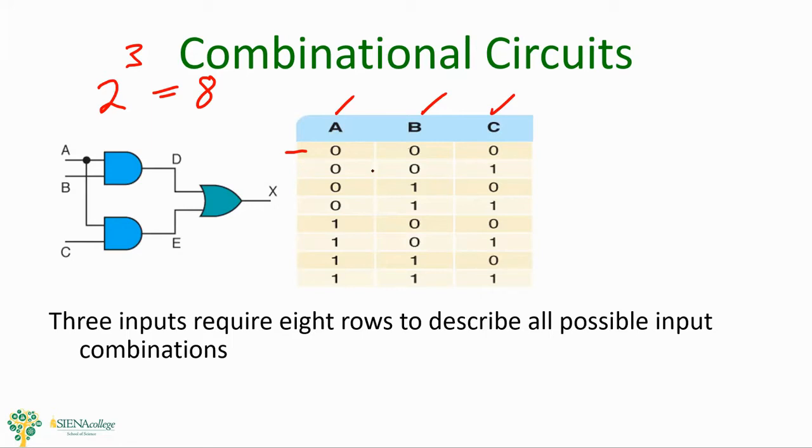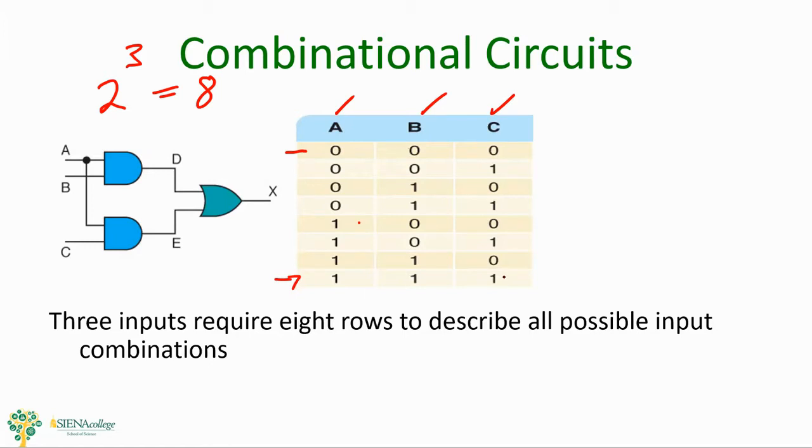The next line, 0, 0, 1, is 1. 0, 1, 0 is 2. 0, 1, 1 is 3. 1, 0, 0 is binary 4. 1, 0, 1 is binary 5. 1, 1, 0 is binary 6. All the way to the last row is binary for 7.